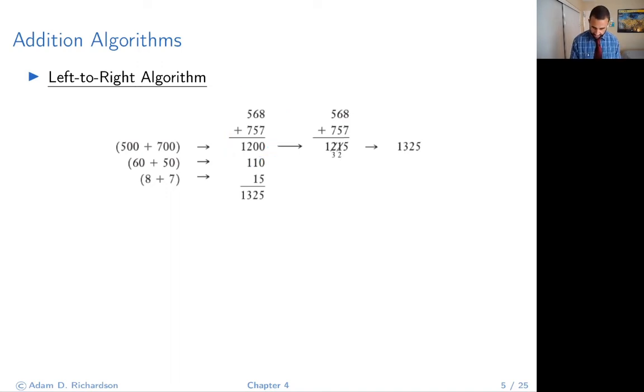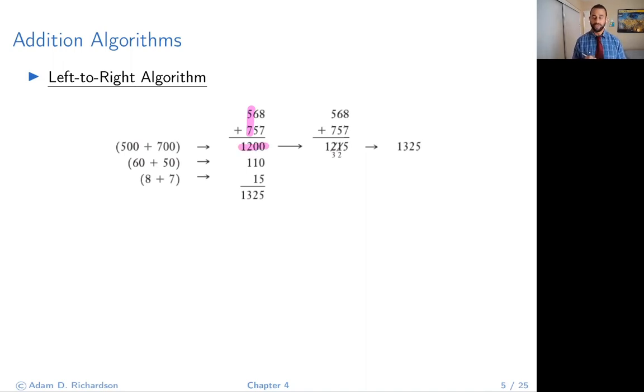What you can see right here, going from top to bottom, let me draw that arrow there, is that this student is adding the hundreds and then the tens and then the ones. So let's draw that out here. 500 plus 700, because remember, it's not 5 plus 7, it's 500 plus 700, is 1200.